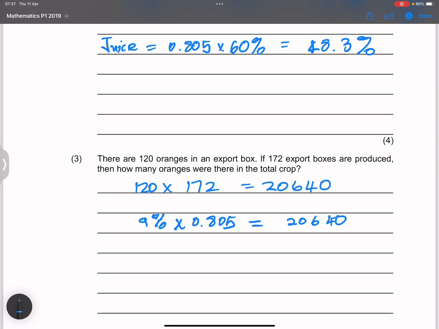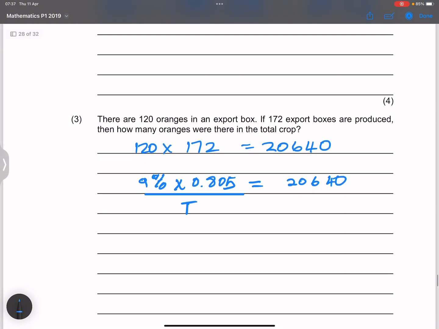I want you to note this is of the total amount. So what I'm going to do is say, I'm looking for the total amount in this case. So 0.805 multiplied by the total amount will give me that value.